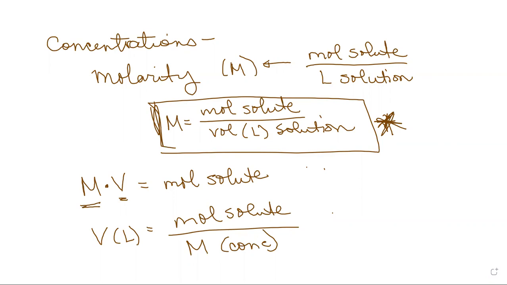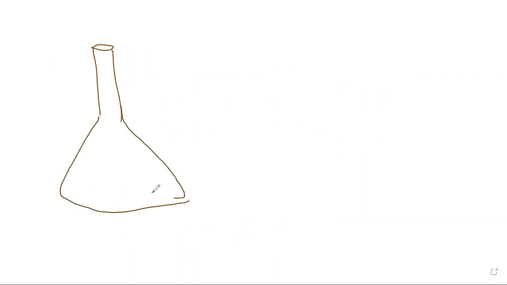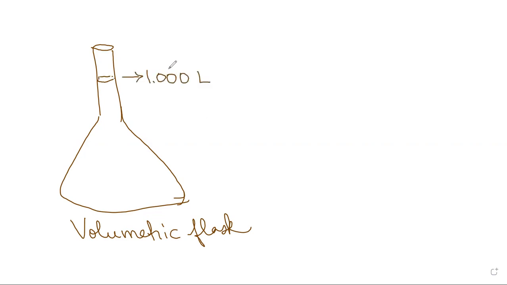And when we do these examples, let me go through and tell you, if you're in lab, how you want to make sure you make these solutions. When you make your solution, oftentimes we use what we call a volumetric flask. So for instance, in this case, this is rated to be 1.000 liters. And that's it. You just have your flask and one line. Now, when you want to make your solution, the first thing you're going to add is your solute first.